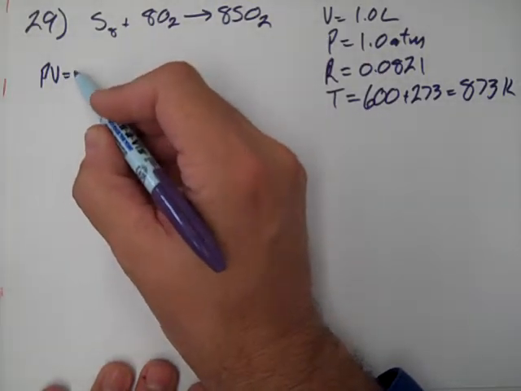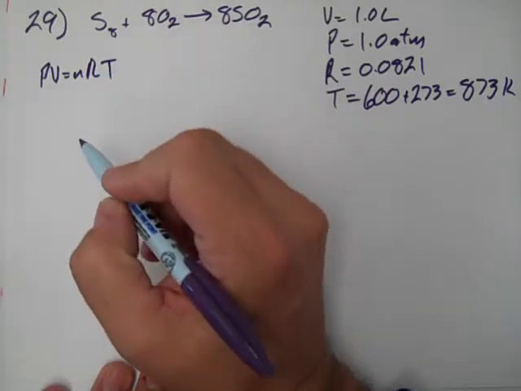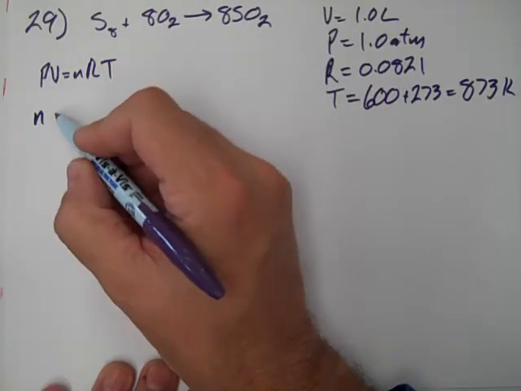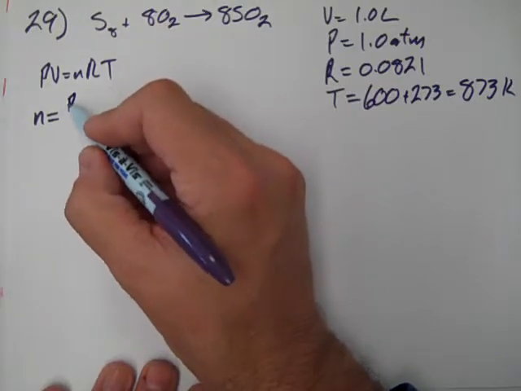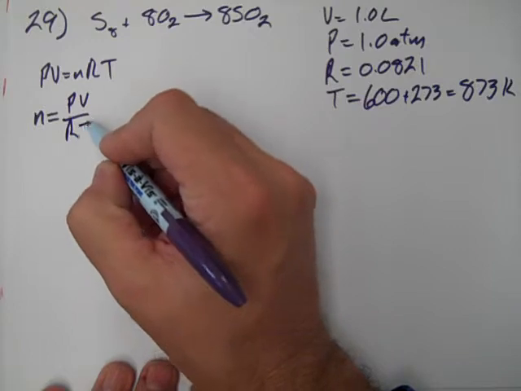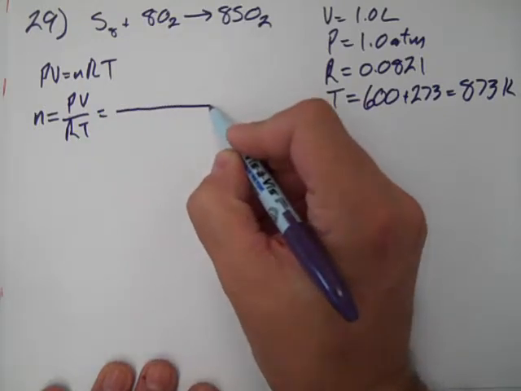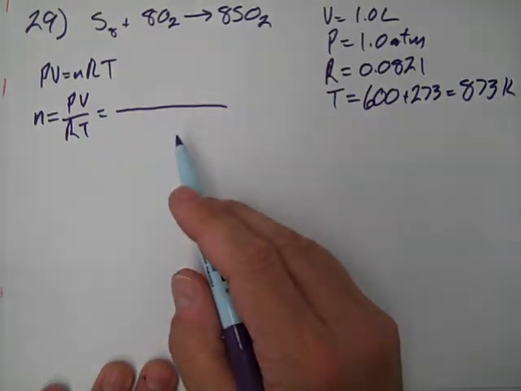Since I'm given that PV equals nRT, it's easy to rearrange this and determine that n, the number of moles, equals PV divided by RT. So now I can just substitute in my numbers.